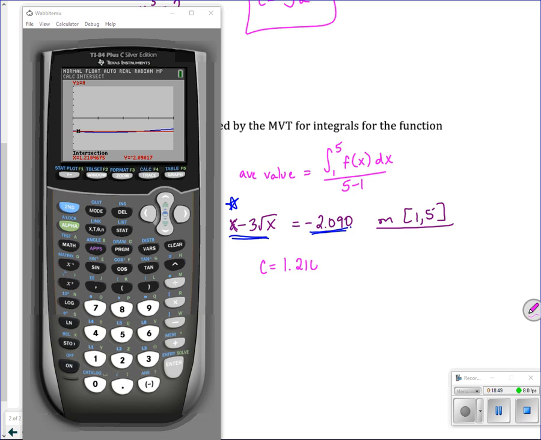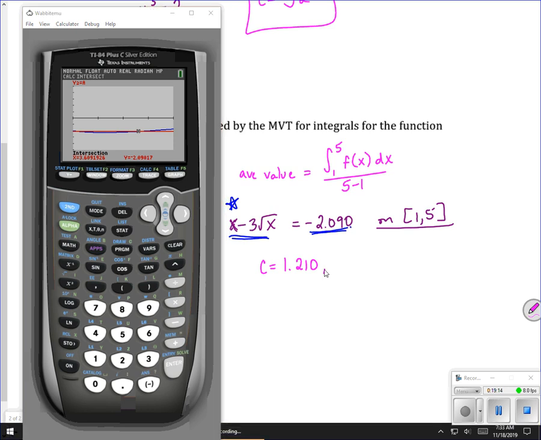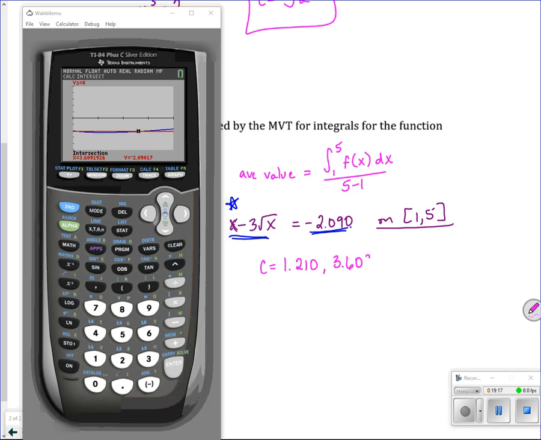Obviously, you don't have to write the 0. If you put 1.21, I'd give you credit. And then do second calc intersect again and go over here, and hit enter 3 times. And I got 3.609. So I have 2 values of C. Notice they're both between 1 and 5. And these would be my answer.